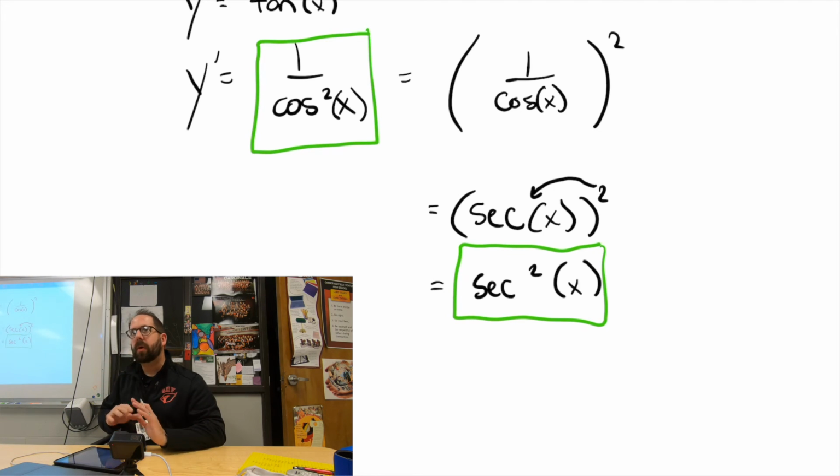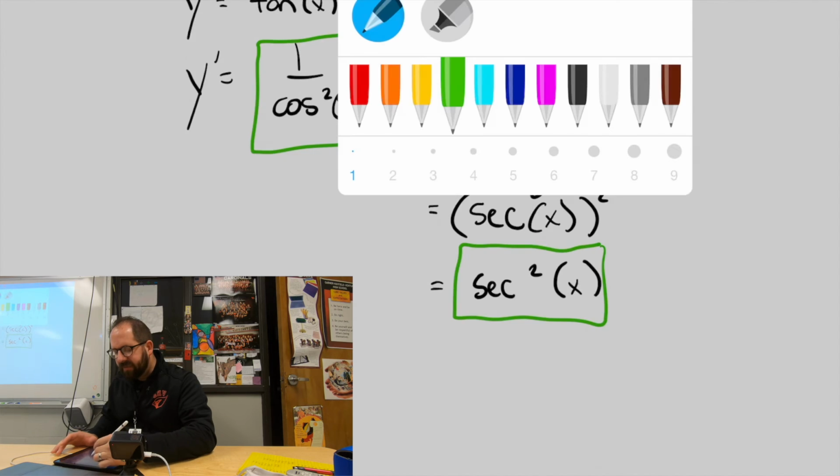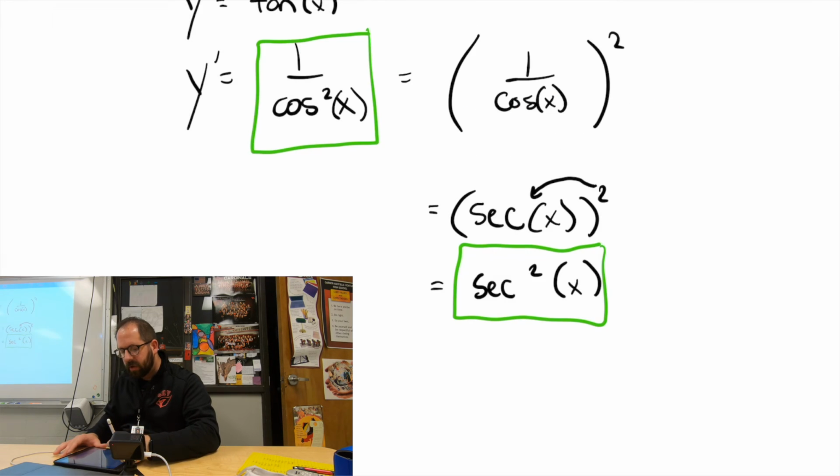Now, when you have to actually take a derivative of tangent by hand, let's say we're going to do 5 tangent of 2x. If this is my function, and I want to take a derivative of it, no matter what, it's still a chain rule. So the derivative of tangent is 1 over cosine squared of that same variable, whatever that variable is. Notice I just left the 5 out front. The 5 didn't affect anything.